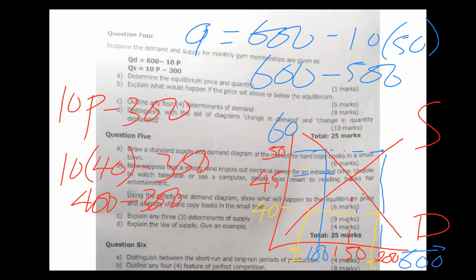In the supply equation, 40 times 10 is 400. That will give us the quantity supplied. It will be 100. So the quantity supplied will be 100, right?